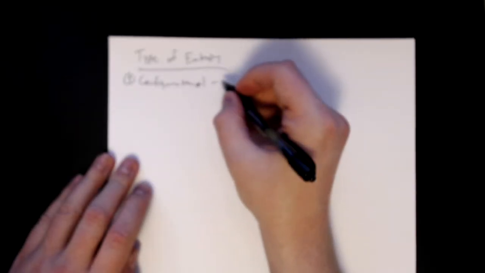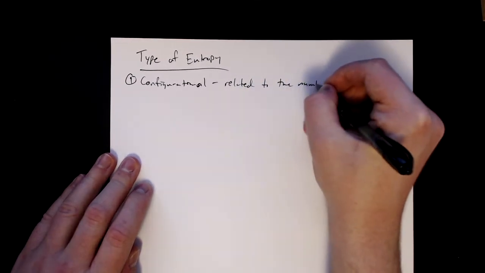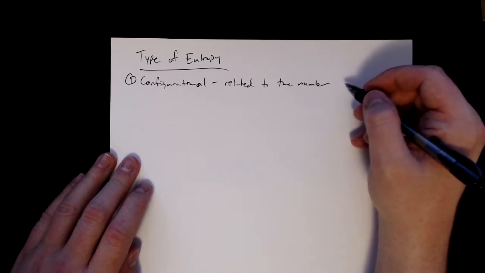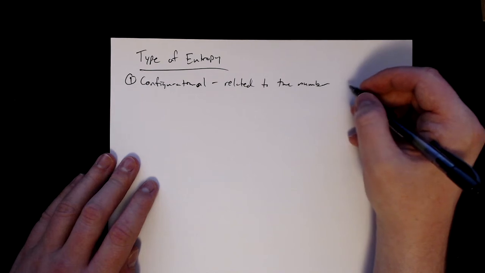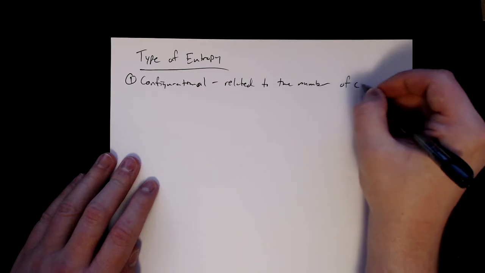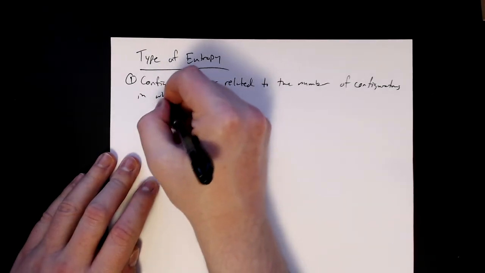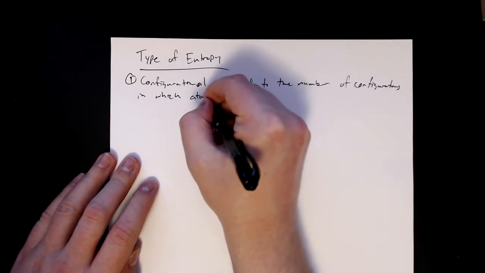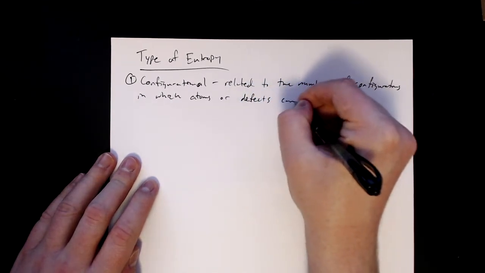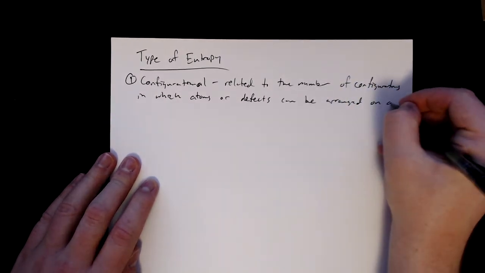This is related to the number of configurations of the system, and this can be directly thought of in terms of Boltzmann's equation: the number of configurations in which we can place atoms or defects can be arranged on a given number of sites.